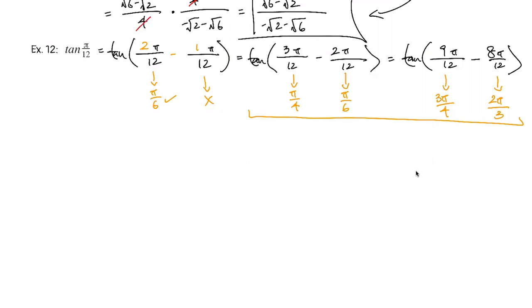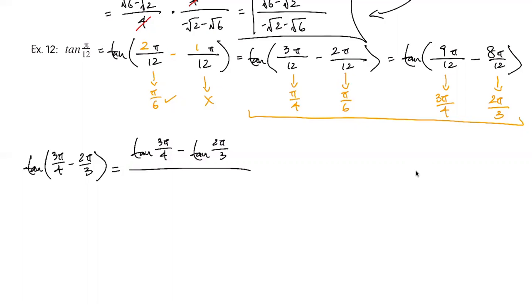So if we have tangent of 3 pi over 4 minus 2 pi over 3, we know that's going to be tangent of 3 pi over 4 minus tangent of 2 pi over 3 over 1 plus the product of those. Okay, cool.